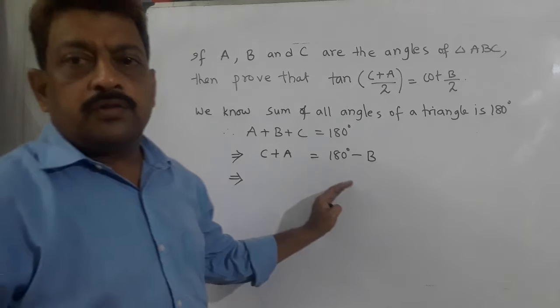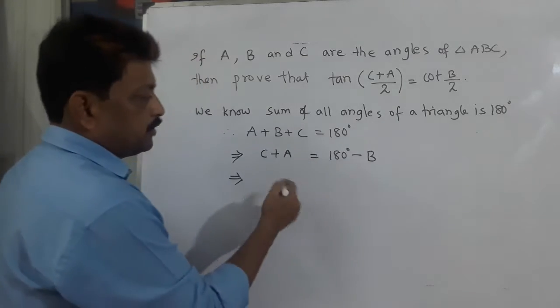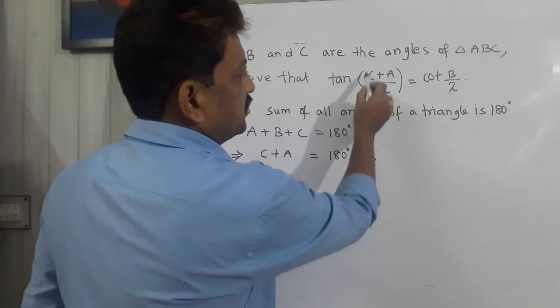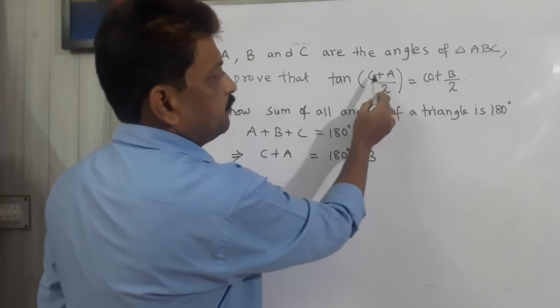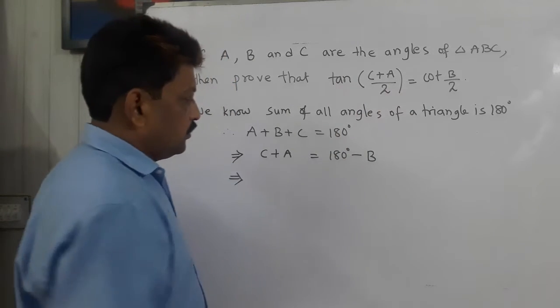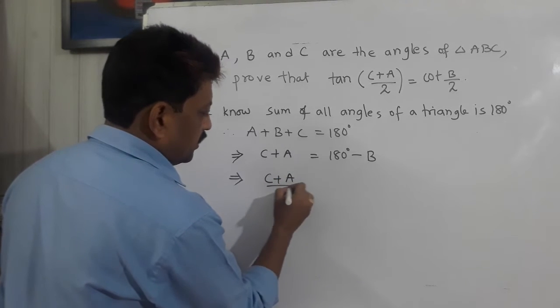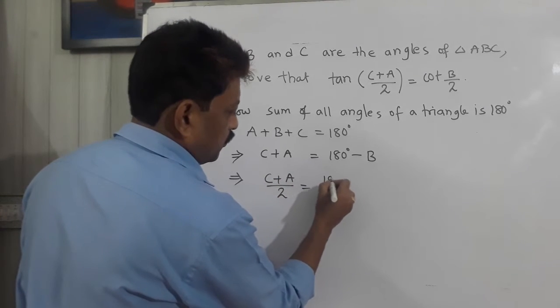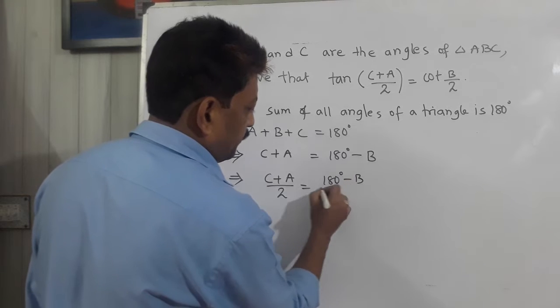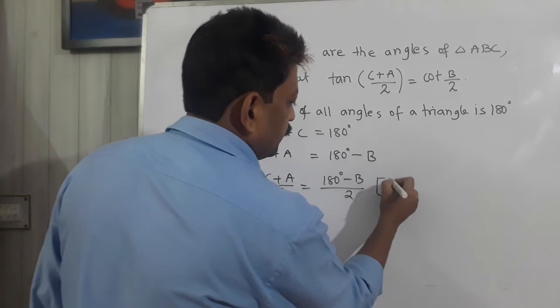Now let us divide this equation by 2. Now why am I dividing it by 2? Here you can see in the question it is also C plus A divided by 2. So dividing both sides by 2 we will get C plus A upon 2 is equals to 180 degrees minus B upon 2.